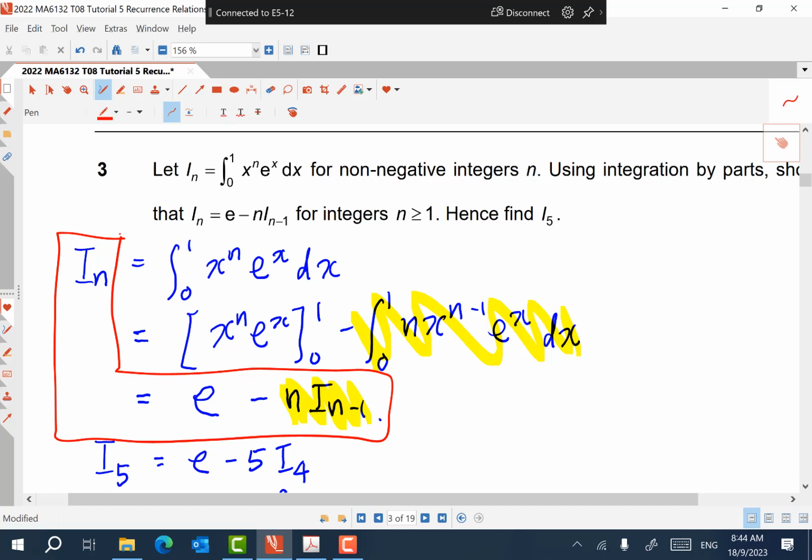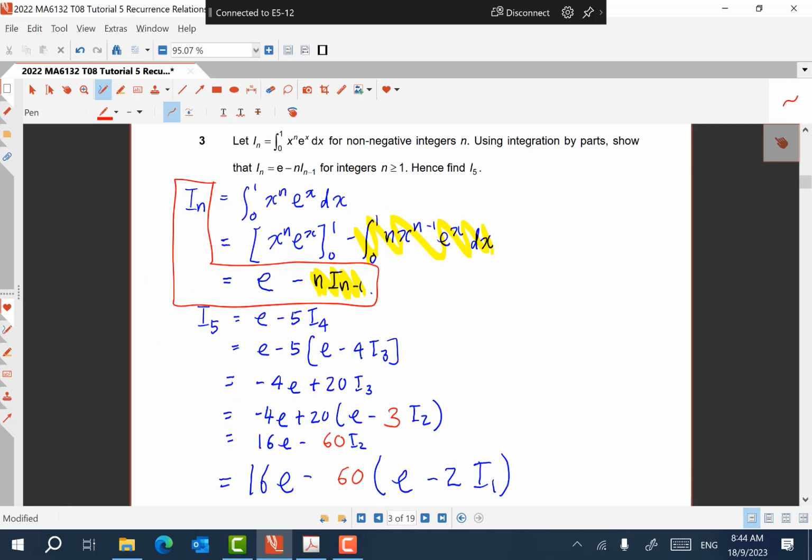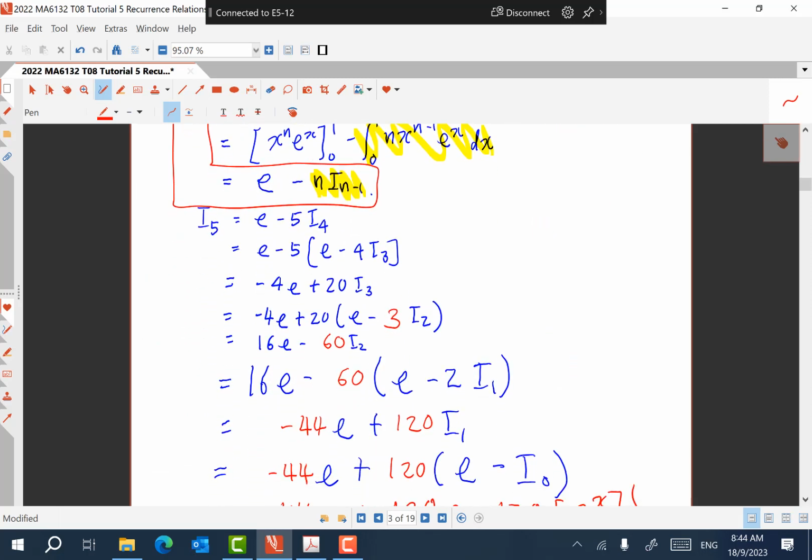Okay. So after establishing the recurrence relation, I use that recurrence relation to solve I5 by going through the usual way we did before.